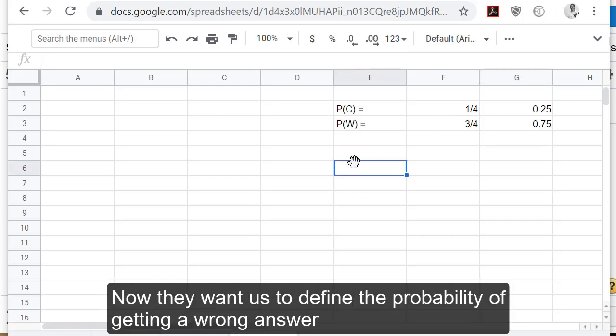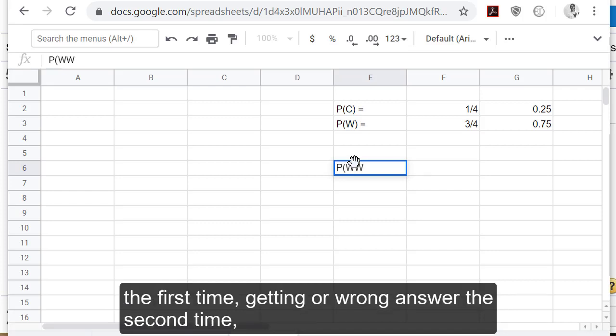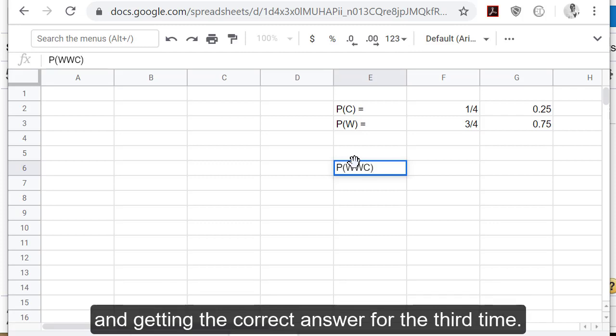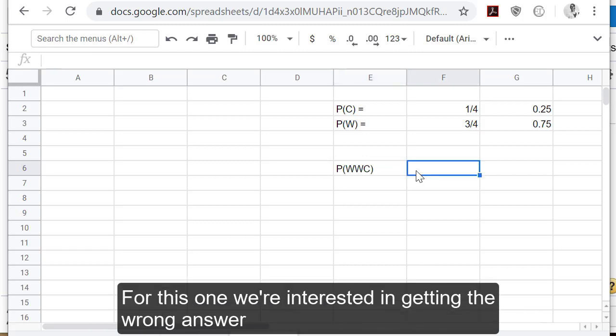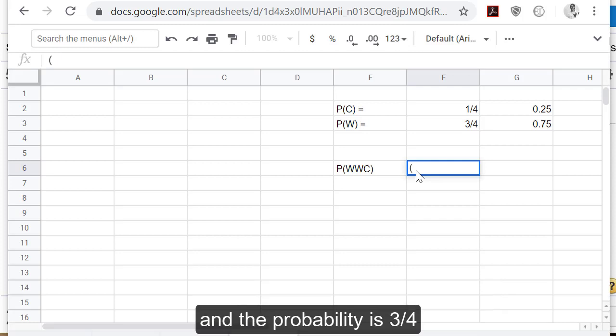Now they want us to find the probability of getting a wrong answer the first time, a wrong answer the second time, and the correct answer the third time. For this one, we are interested in getting the wrong answer, and that probability is 3/4.